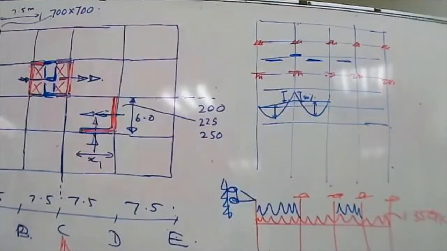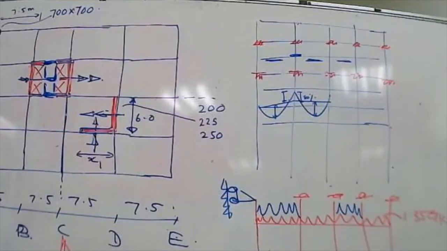Yeah. There was a question on earthquakes: what will happen when you do the redistribution in case of an earthquake? With redistribution, we are reducing the bending moment at the support by about 20%.